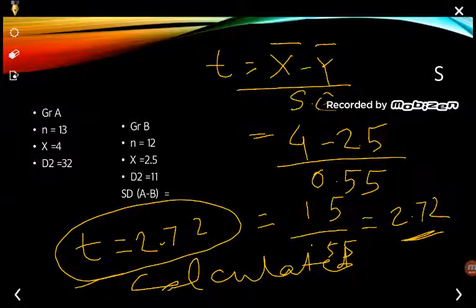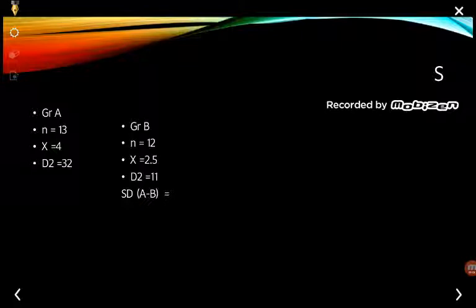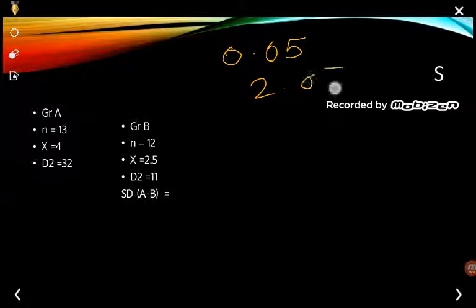And now we have to compare with the tabulated value. So what is the tabulated value or table value? The table value at 0.05, we can say it is almost 2.07.